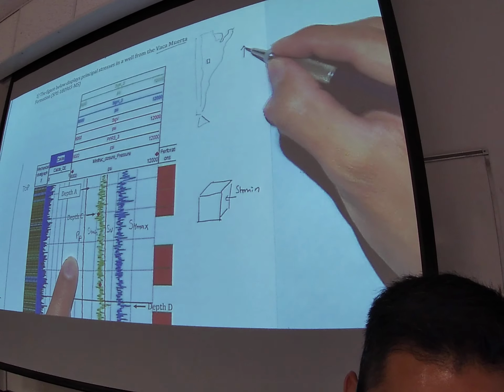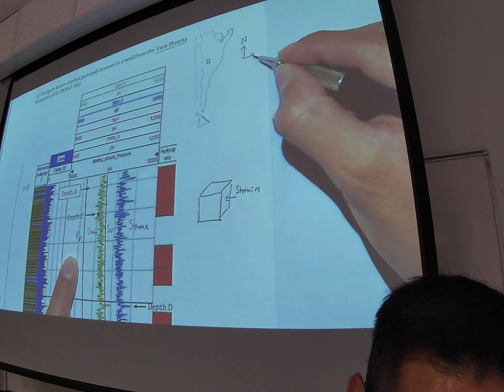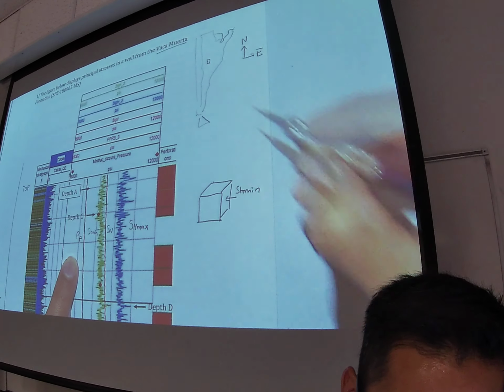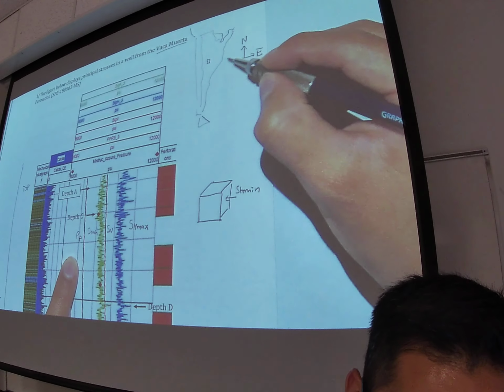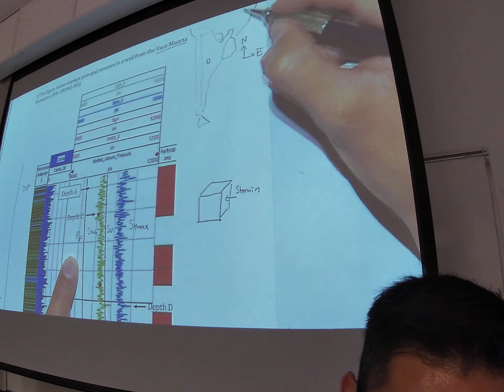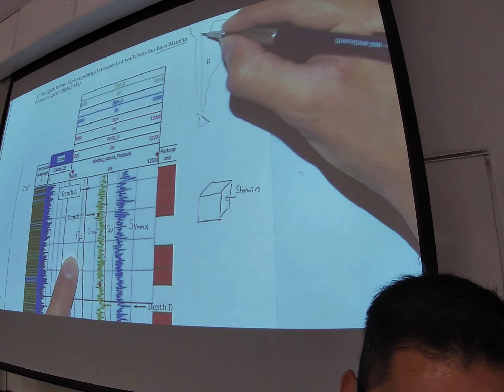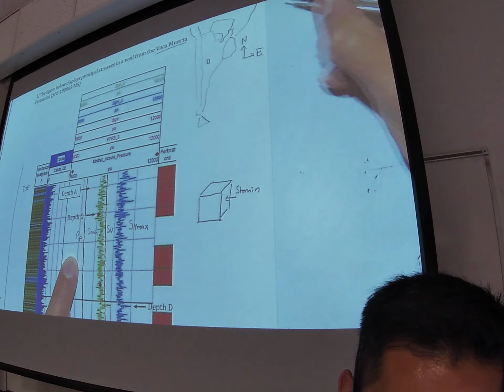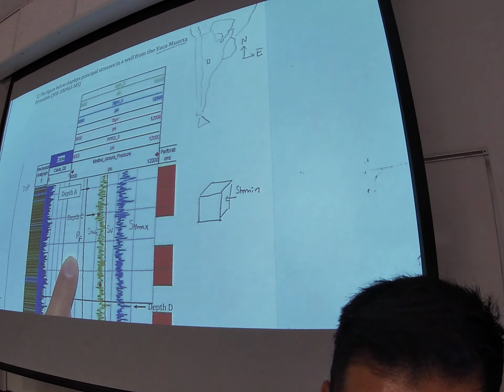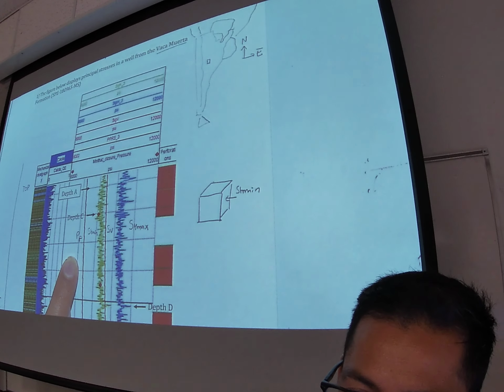And this is the north, this is the east, and this is Uruguay, and this is Brazil, and this is Paraguay. Is the horizontal minimum stress north-south? So, in which direction is the minimum horizontal stress?